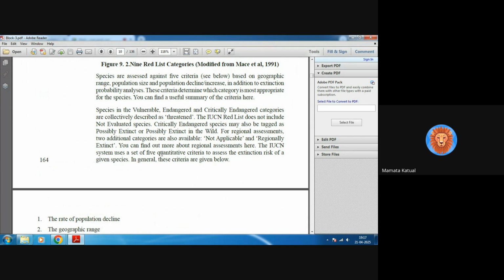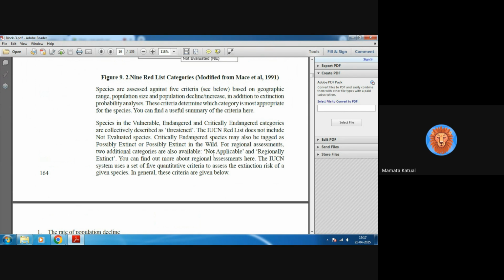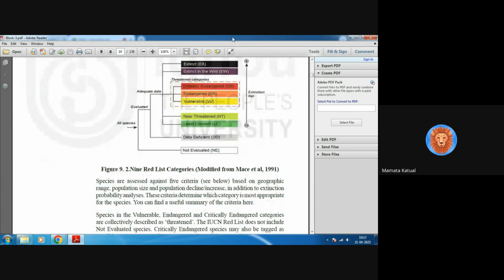So species in the vulnerable, endangered and critically endangered categories. You can see here vulnerable, which is yellow in color, then endangered, saffron or orange color, then red color, that is critically endangered.